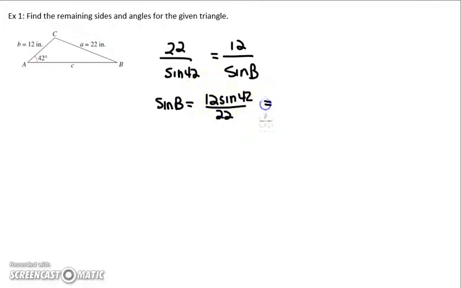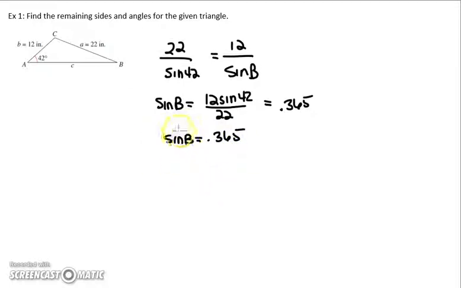If we work that out, we're going to get something approximately equal to 0.365. So sine of B equals 0.365, but that's not really that helpful because I don't care what the sine of B is. I want to know what B is equal to.